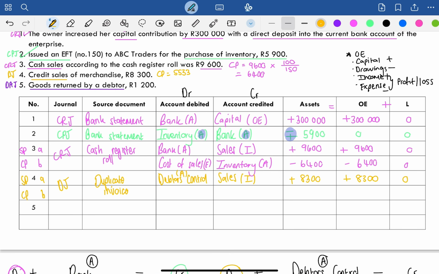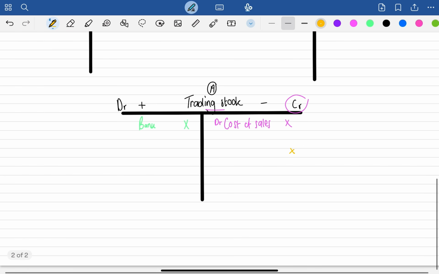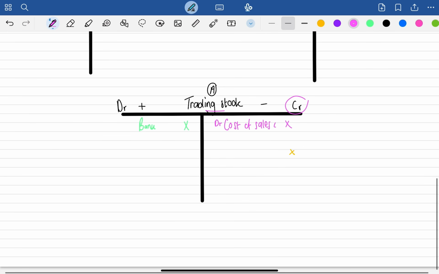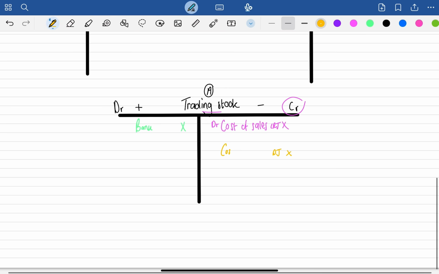Because if I'm selling for cash or on credit, the stock is still leaving my business. So whether it is in the CRJ or whether it's in the DAJ, when I sell stock, my stock becomes less.